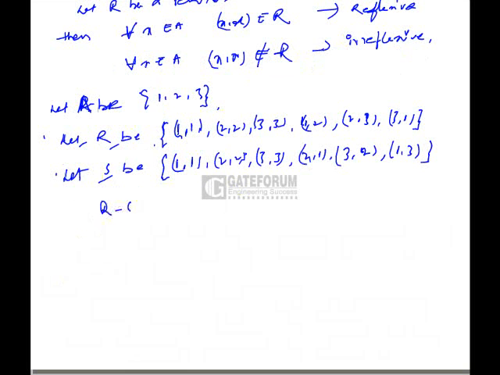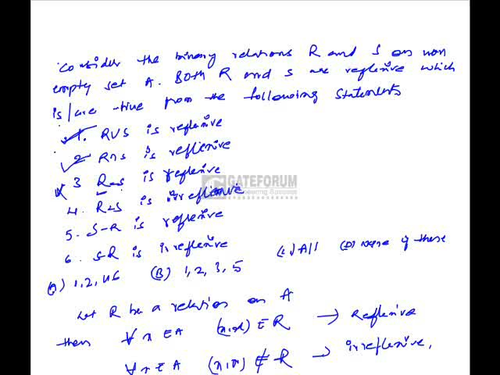Here R minus S will be (1,2), (2,3) and (3,1). So this is not reflexive, because the diagonal elements (1,1), (2,2), (3,3) are not present. So the third statement is false.